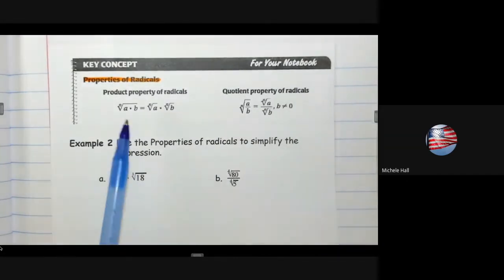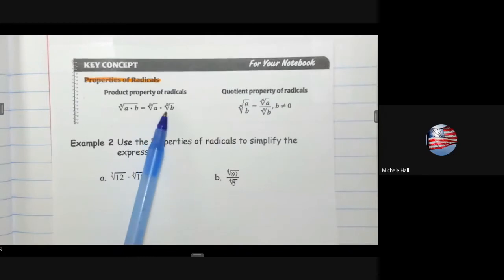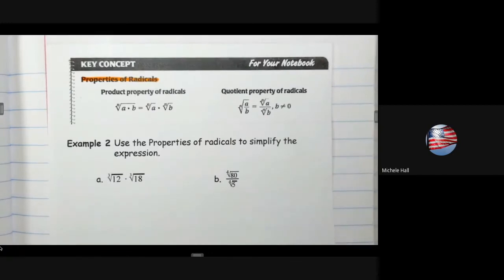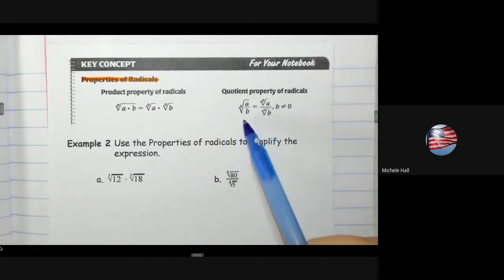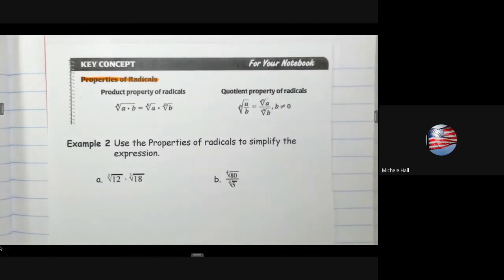We can see that when we have the nth root of a times b, I can rewrite that as the nth root of a times the nth root of b. I can take them apart and I can put them back together. The same for dividing. We can take the nth root of a divided by b and break it up as the nth root of a divided by the nth root of b. Again, we can take them apart and we can put them back together.